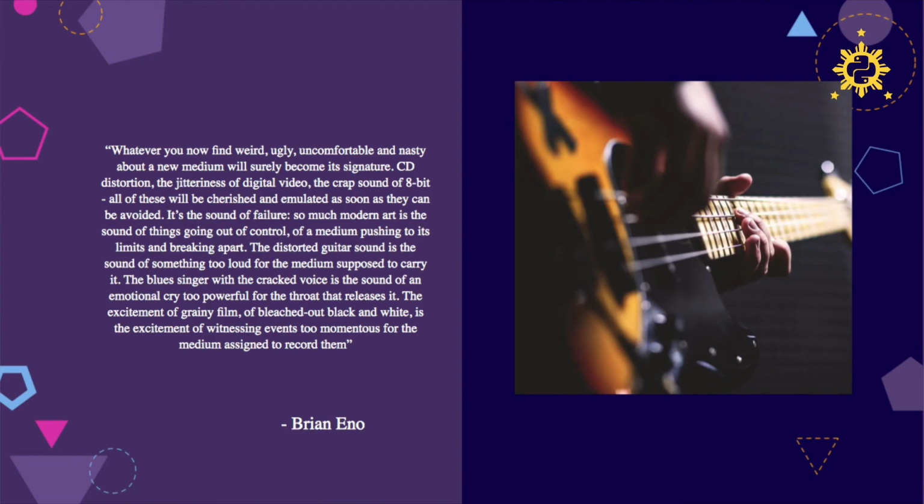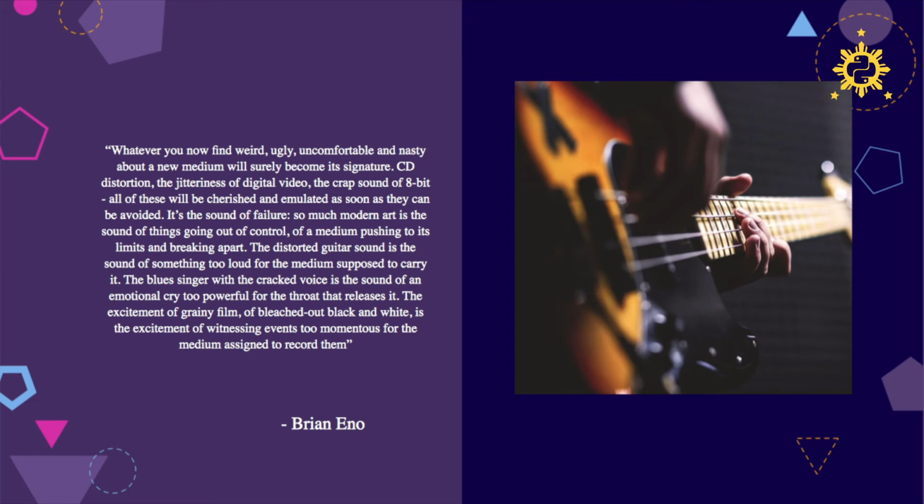This is a quote from Brian Eno. It kind of puts into perspective where Magenta lies within this music generation or this artistic industry. So Brian Eno said that whatever you now find weird, ugly, uncomfortable, and nasty about a new medium will surely become its signature. See the distortion, the jitteriness of digital video, the crappy sound of 8-bit. All of these will be cherished and emulated as soon as they can be avoided. It is the sound of failure.